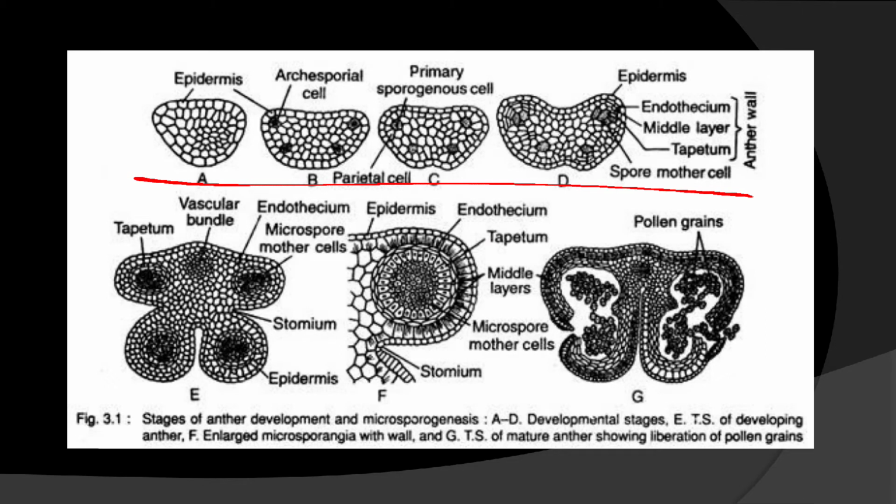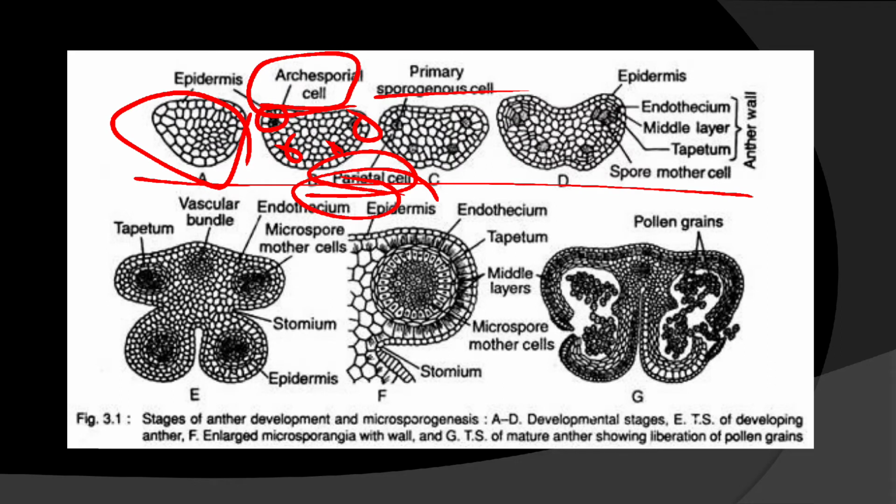In the young anther, only epidermis is present. Now some cells become differentiated and they form archesporial cells. So at each corner you will find archesporial cells. These archesporial cells then form parietal cells and primary sporogenous cells. Parietal cells give rise to these layers, the anther walls, and sporogenous cells will form sporogenous tissue.